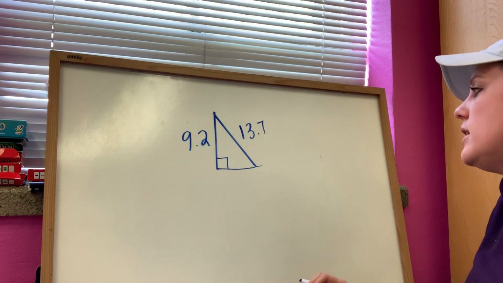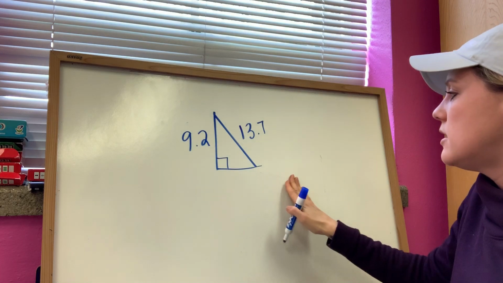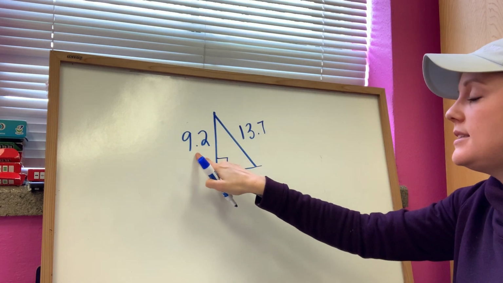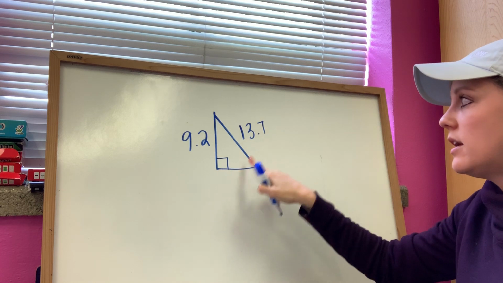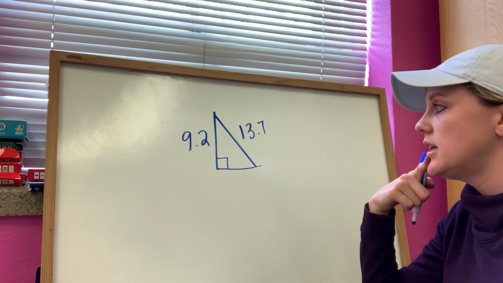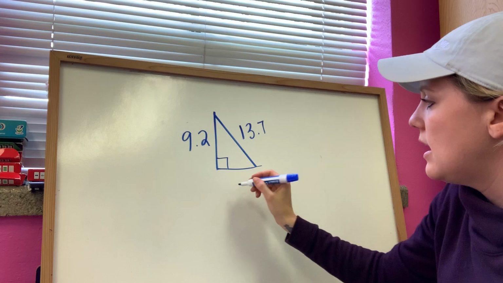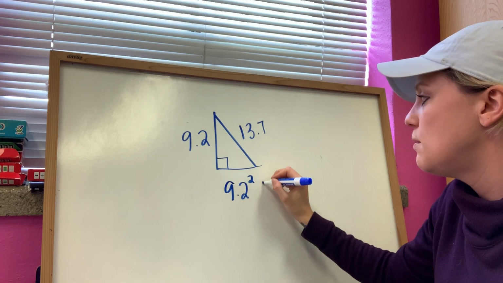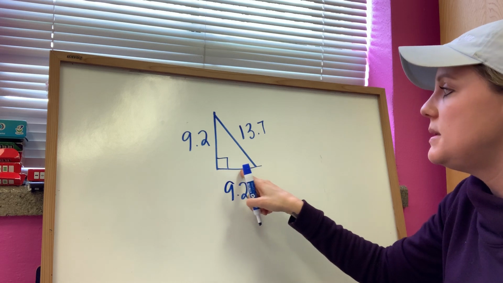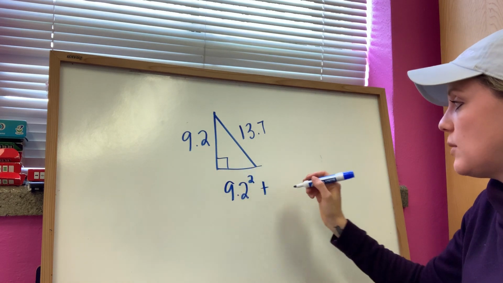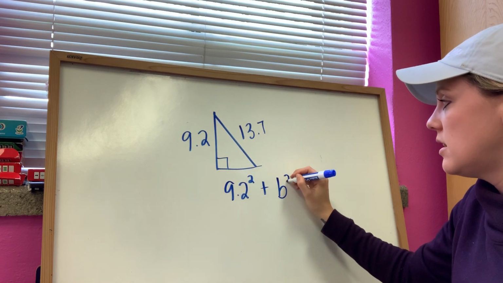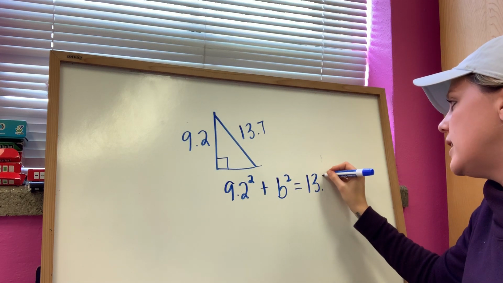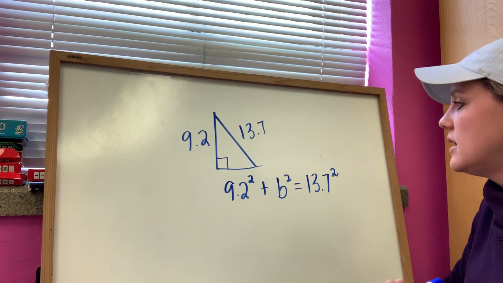Okay, so we're going to start this one off just a little bit different. We don't know this side length, but I know this squared plus this squared has to equal that squared. So I'm just going to write out what I know. I'm going to write 9.2 squared plus, this could be called a squared or b squared, it doesn't matter, is going to give us 13.7 squared.